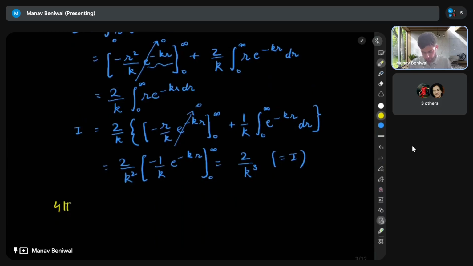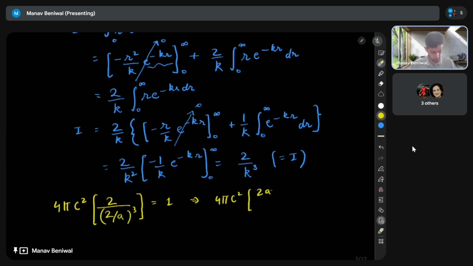we get 4 pi c squared, and with k being 2 by a, cube, this equals 1. This implies 4 pi c squared, and this will become a cube, so 2a cube by 8 is equal to 1.